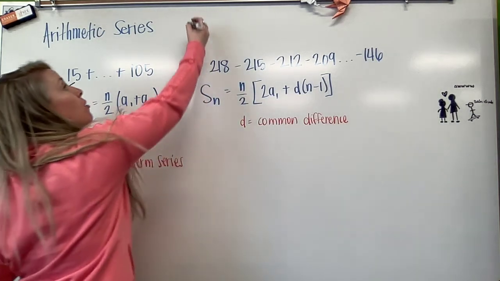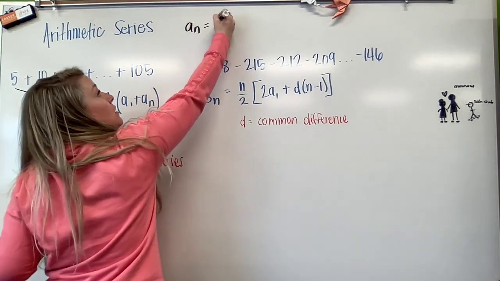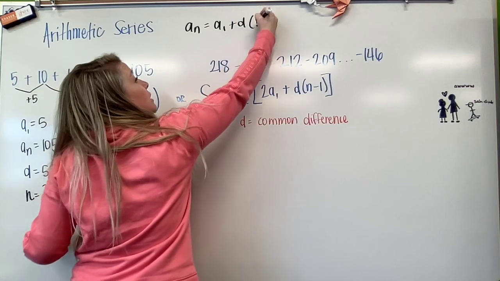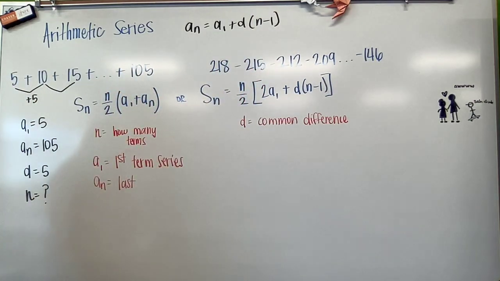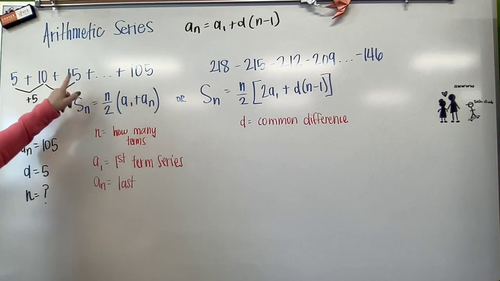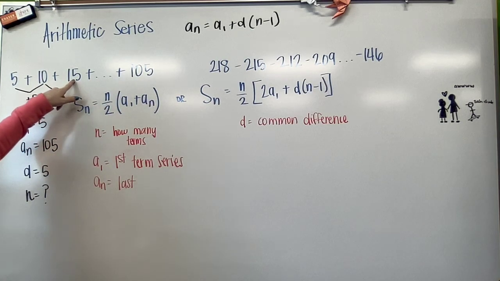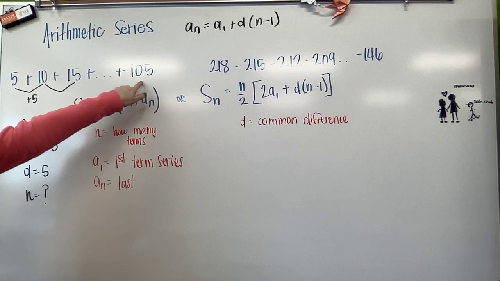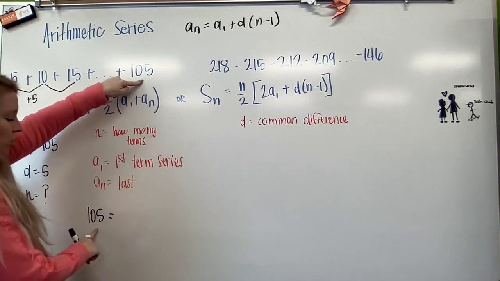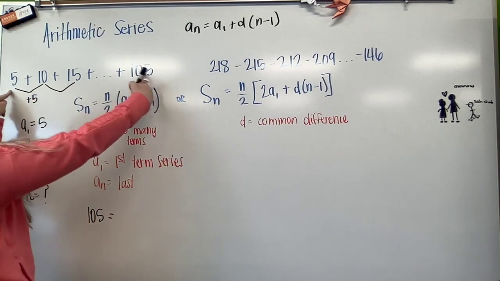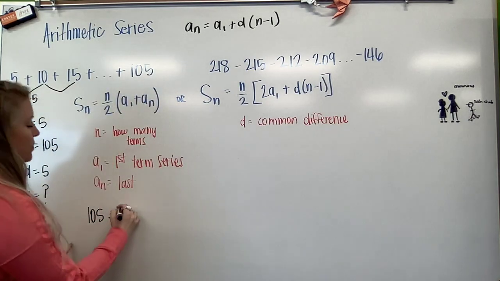To do that, we're going to go back to our explicit formula. That way, I can figure out what n equals. So in this case, let's say I know my third term. No, I want to use 105, sorry. I want to know 105. What term is this? Because that's going to tell me how many terms are in this list.